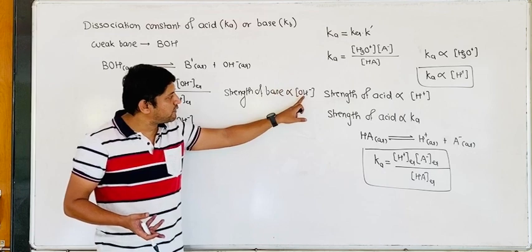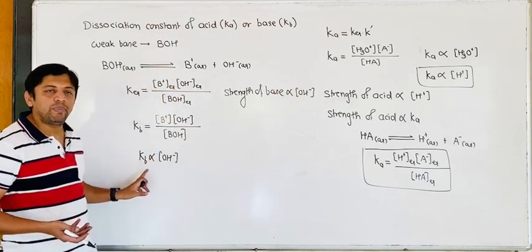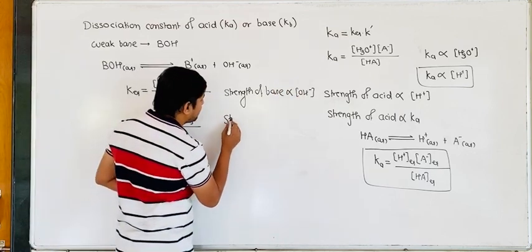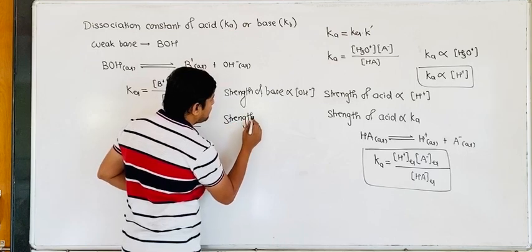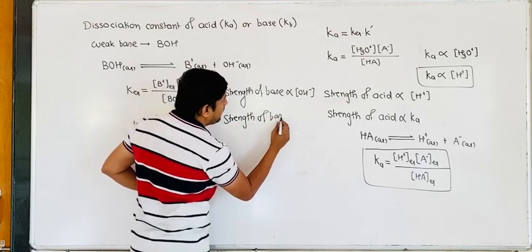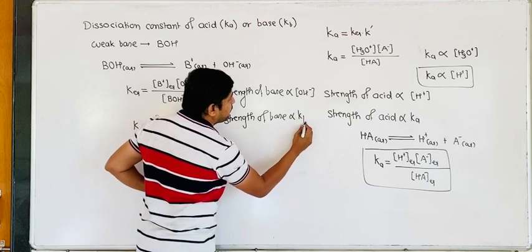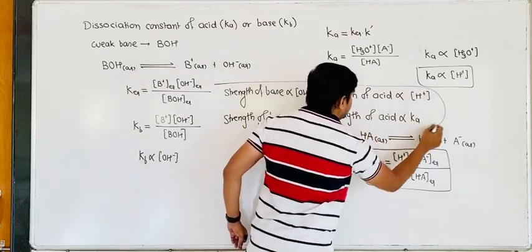And the concentration of this OH minus ion depends on Kb. So the same can be written as: strength of base is directly proportional to Kb.